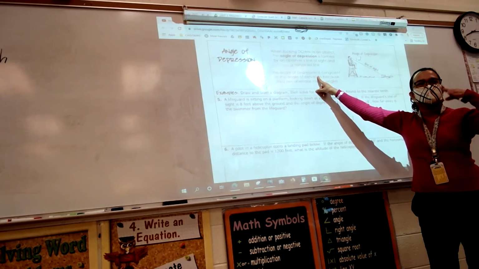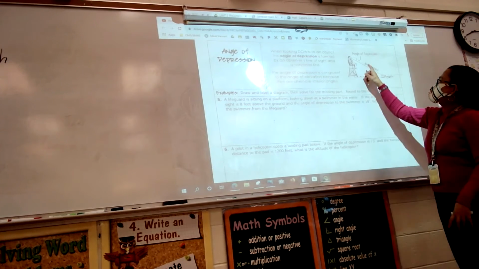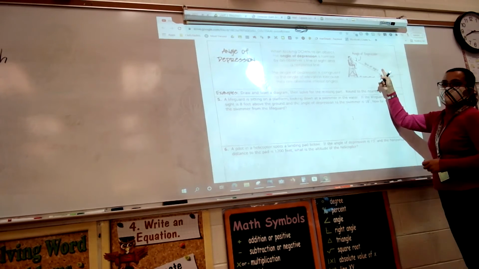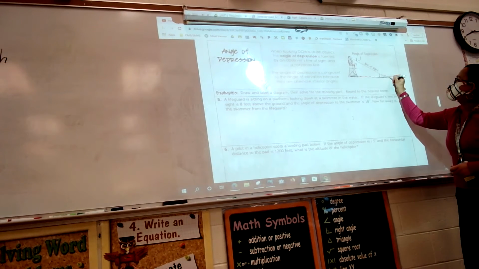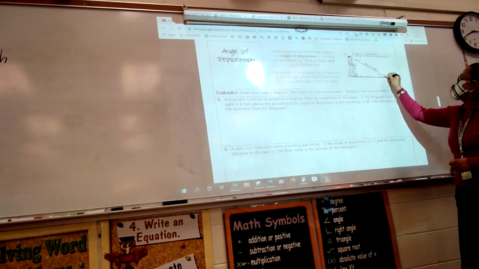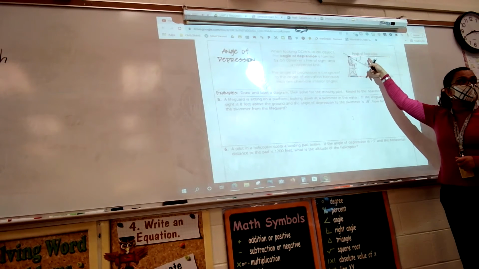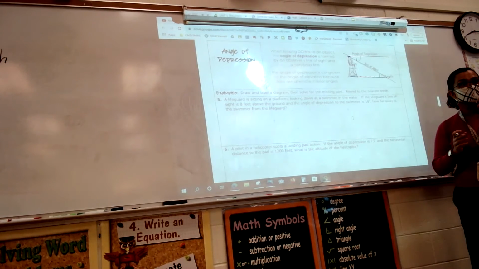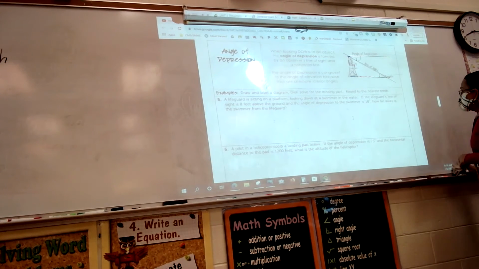That's why the transversal should go in here. Like this angle and this angle would be the same. Do you remember the transversal line? Look. Alternate interior angles are congruent, right? So that's why. Next.